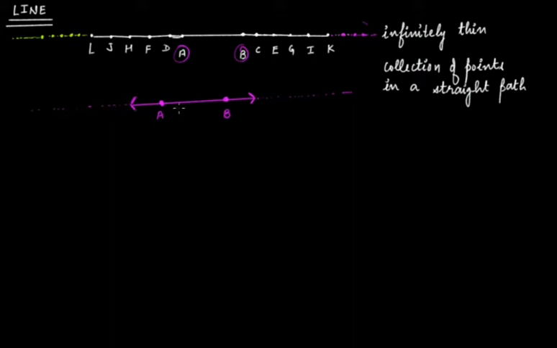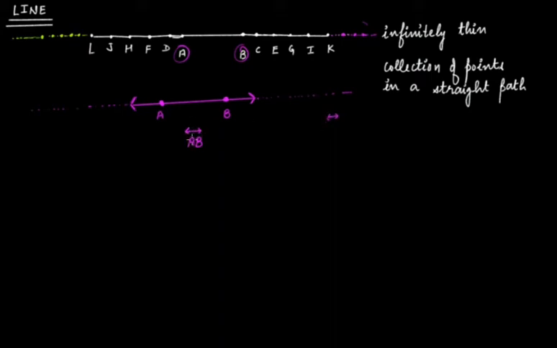So if we draw a line between these 2 points, A and B, then you'll always represent them as A, B, that is, these 2 points using which you have drawn your line, and you put a line above them like this. To represent a line you use this mark, and that's what you have placed here.